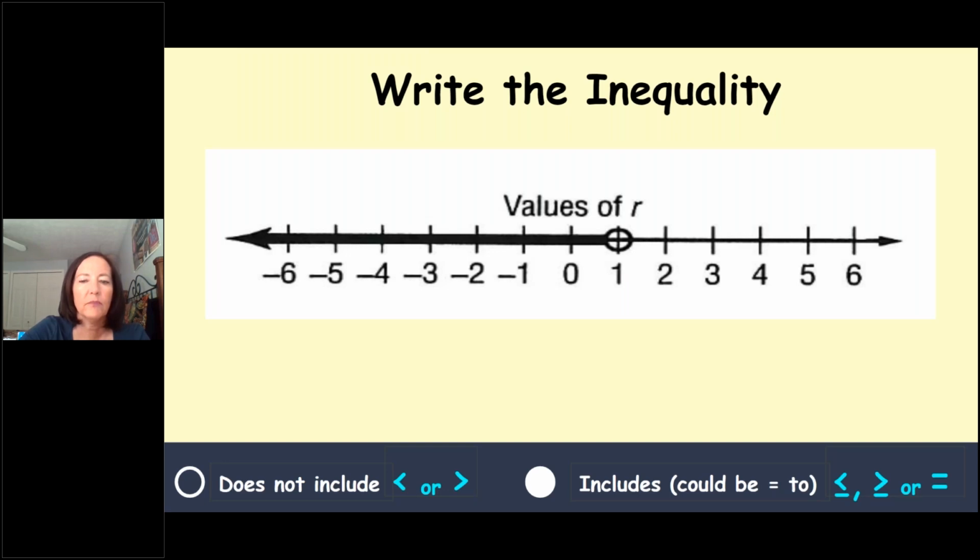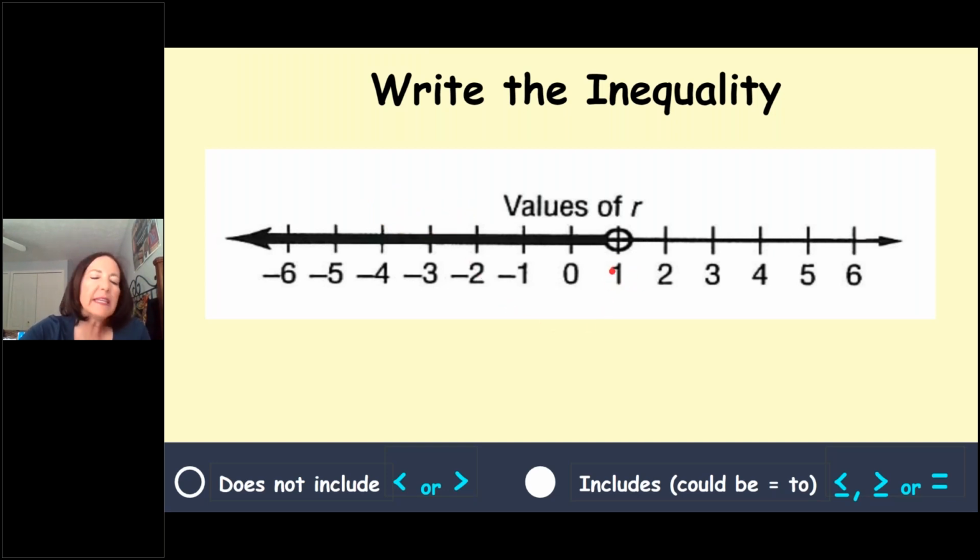The values are greater than. Well, this arrow. No, smaller than because it's going towards the negative integers. That's perfect. Yeah, it is. It's going towards the negatives. Anytime that the arrow on a number line goes to the left, things are smaller. So the values of R are less than 1.